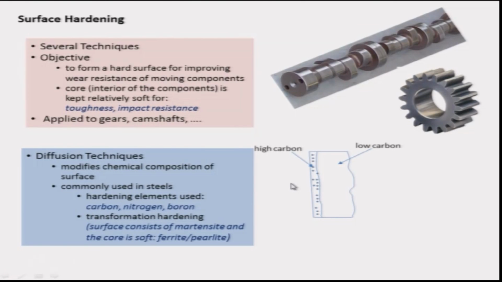Now, as a result, the transformation kinetics have been altered at the surface as compared to the interior. How is it altered? Well, if you look at the transformation diagram, a small transformation diagram that I have schematically shown here, the temperature versus time, CCT or a TTT diagram. As you increase the carbon content, the kinetics of the transformation to ferrite and pearlite slows down.